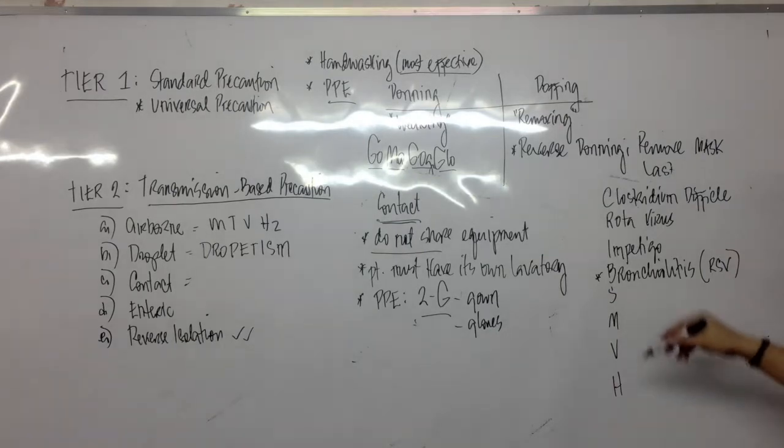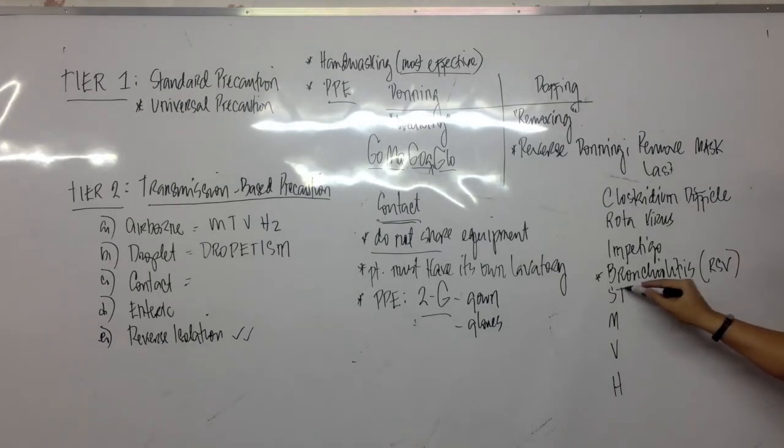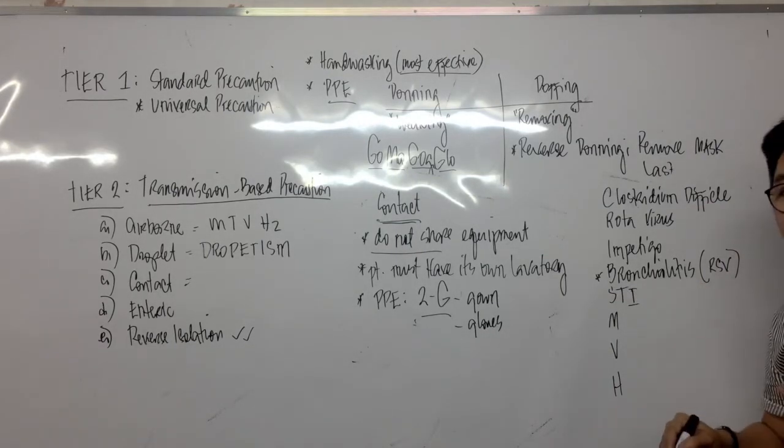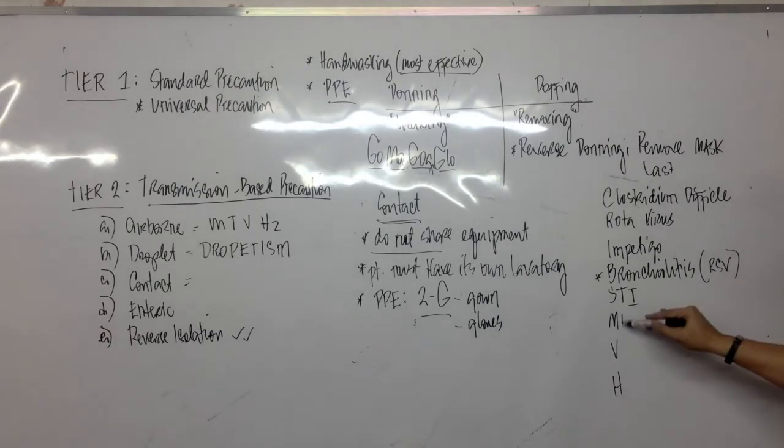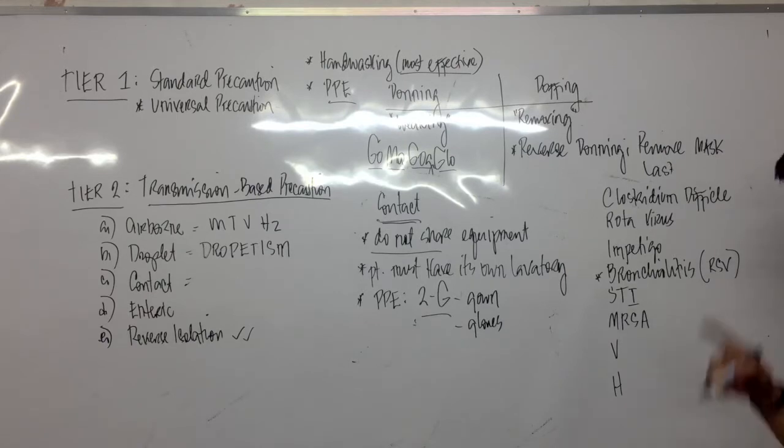S stands for sexually transmitted infections or diseases. They are contact spread. M stands for MRSA, methicillin-resistant Staphylococcus aureus. V stands for VRSA, the vancomycin-resistant Staphylococcus aureus. And H stands for hepatitis. Now remember, there are different types of hepatitis.